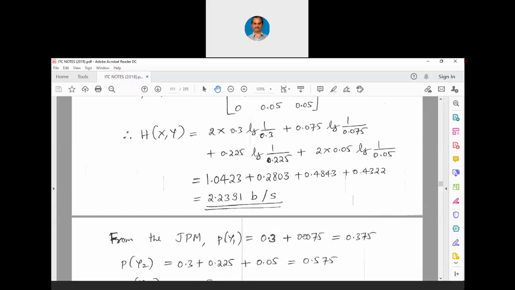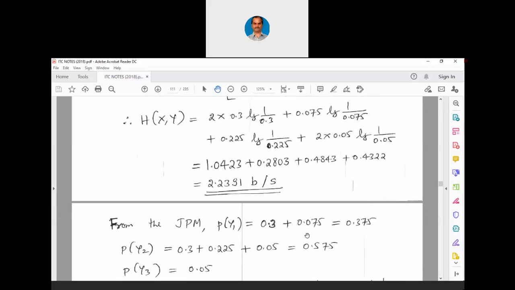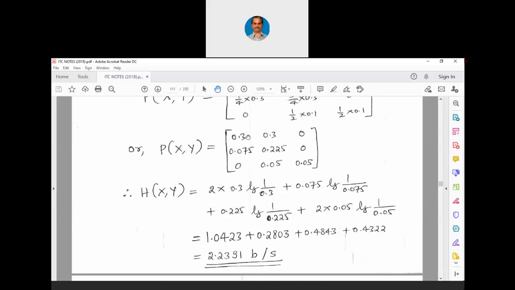From the JPM, we can find out P of y1, right? Using the JPM by totaling the column values, column entries, we can find out the destination symbol probabilities as well. So you can see here, P of y1 is 0.3 plus 0.075.